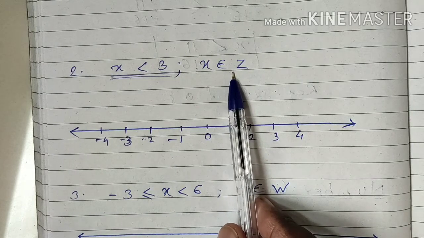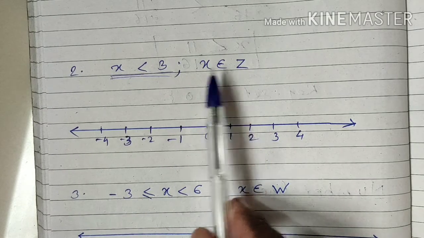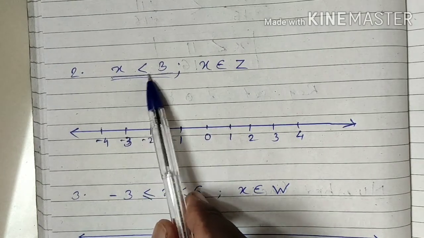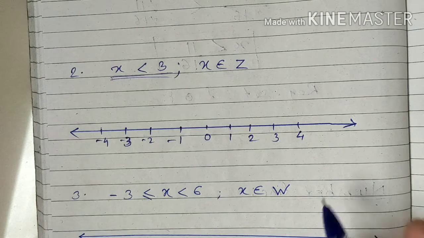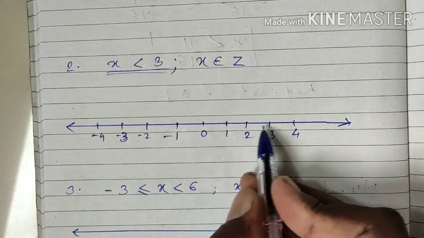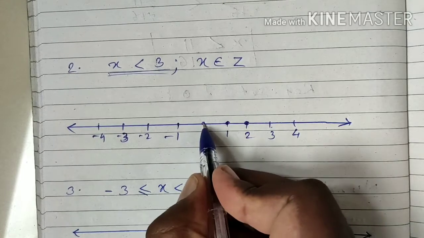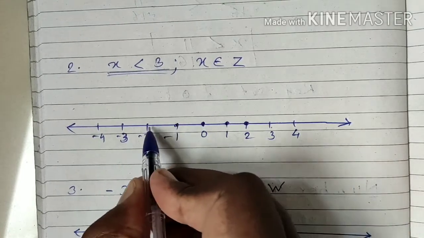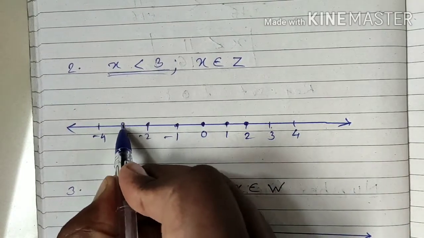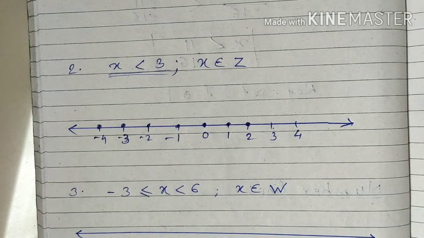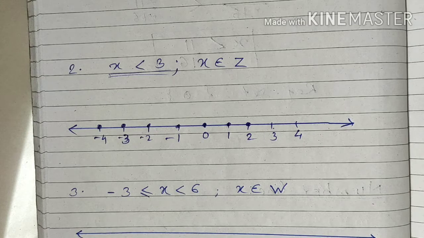Integers means positive and negative numbers are both included. But we want to represent only those numbers which are less than 3. So less than positive 3 will include 2, 1, 0, -1, -2, -3, -4 and all the negative numbers. Is that clear?